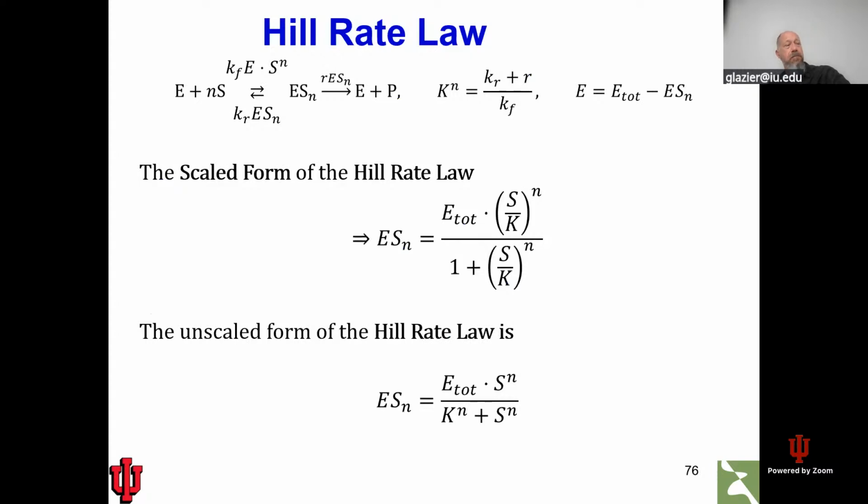The Hill function has the form E times S to the N over K to the N plus S to the N. I always raise K to the N, so everything is symmetric. The dimensionless form, you divide S by K. K is also known as the half maximal concentration because this function is equal to 1/2 when S equals K. And K is known as the Hill constant.